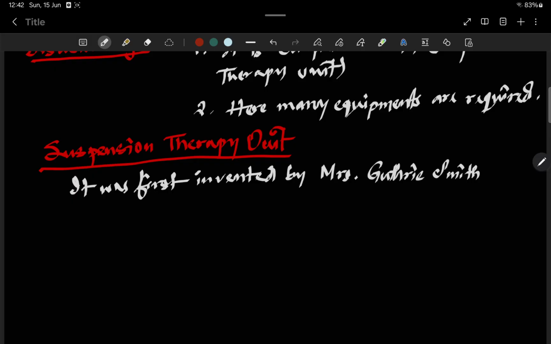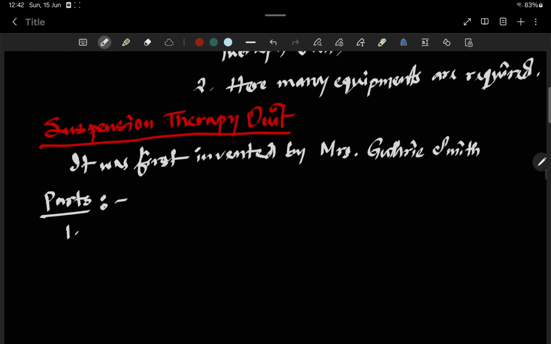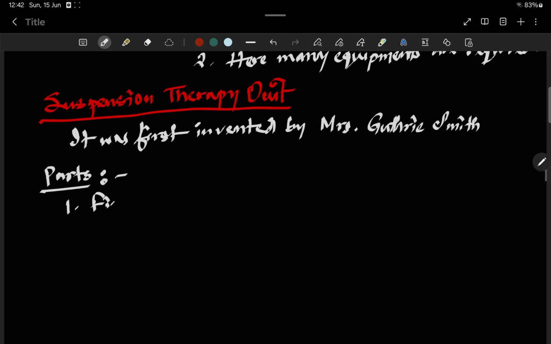Okay, now the parts. Number one, fixed point.